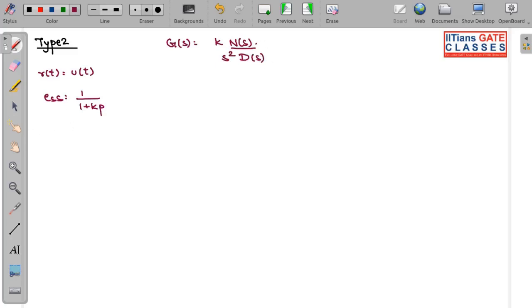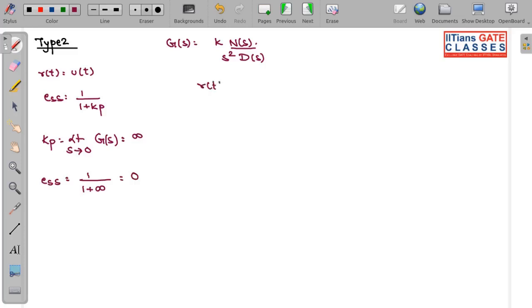So over here if we calculate Kp, Kp is equal to limit s tends to 0 G(s), and this will come out to be infinite. So ess is equal to 1 divided by 1 plus infinite, which will come out to be 0.